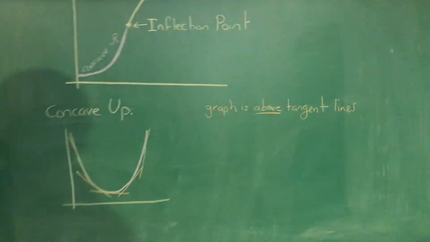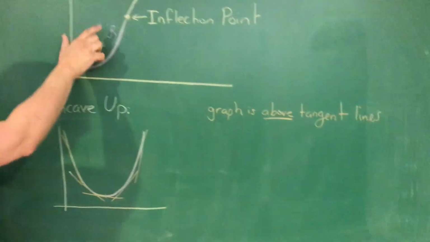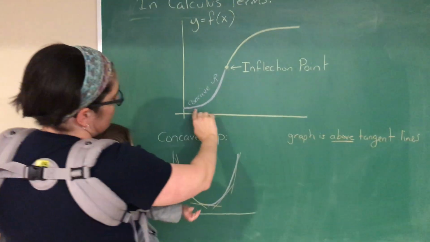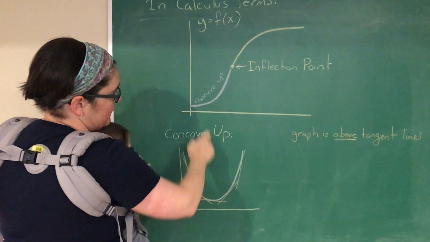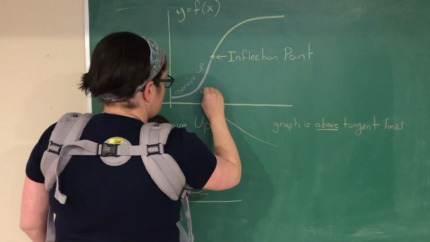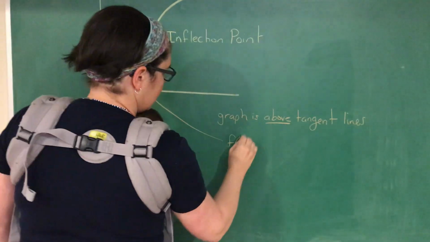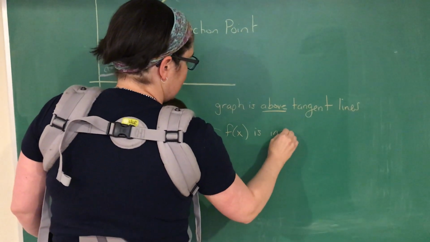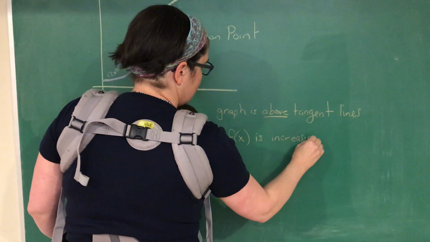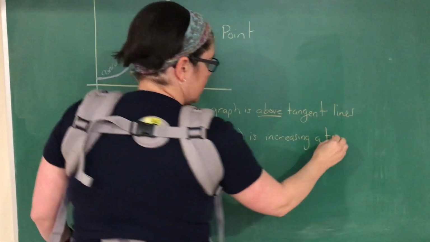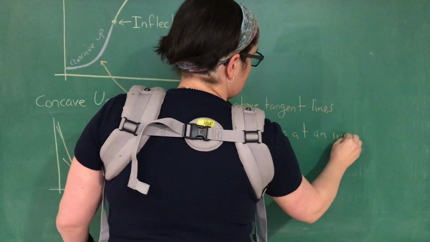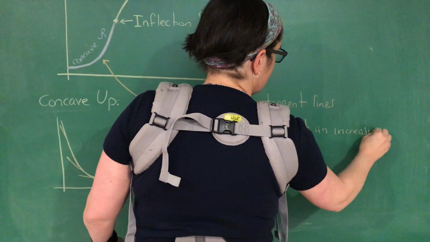Okay. On the portion of our graph in our function up here that we care about, in this concave up portion, this graph up here is increasing. Our function f of x is increasing at an increasing rate.